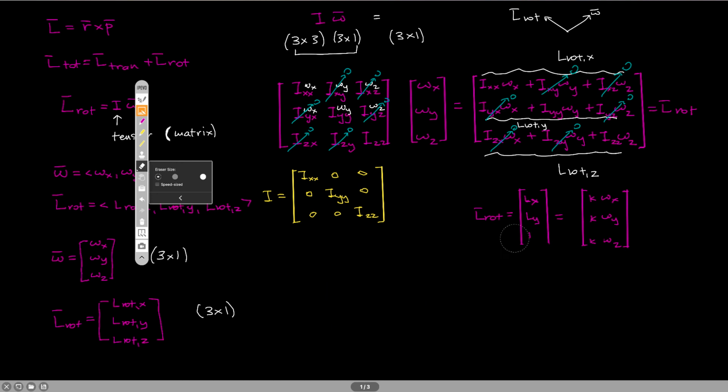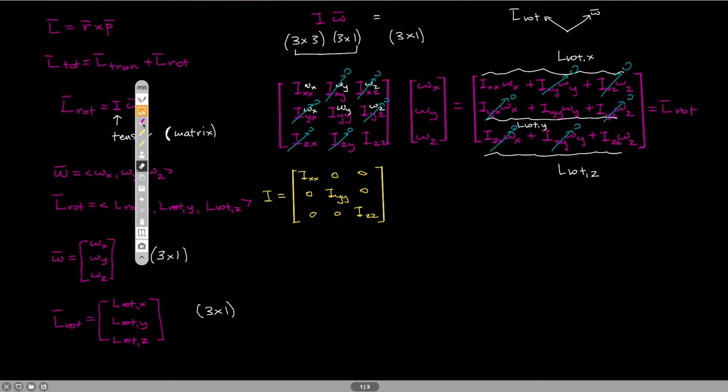So if you choose the three axes that I talked about, your x, y, z, to be the special set that we call the principal axes, then if your angular velocity vector is omega x, 0, 0, then I times omega, so I'm multiplying this 3 by 3 matrix with this 3 by 1, it's going to give me Ixx times omega x, 0, 0.